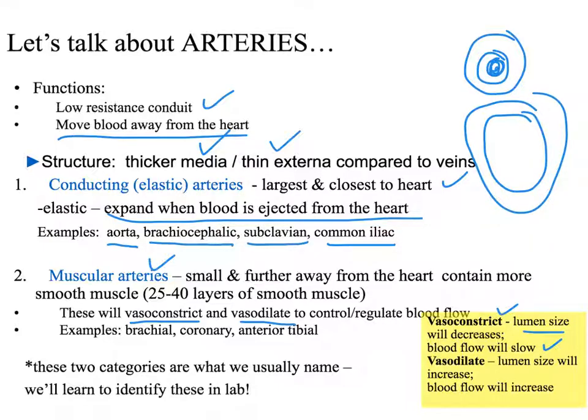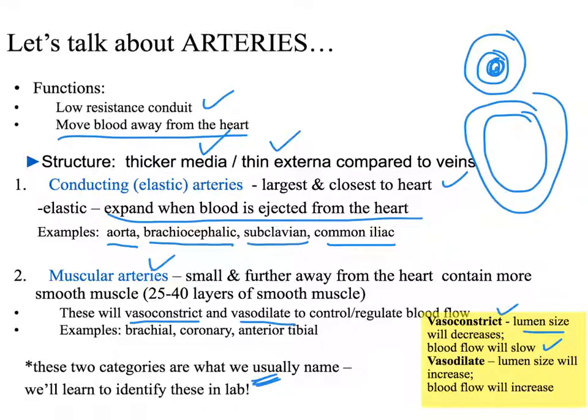There's a lot of other arteries and arterioles that are smaller. Most of the time, we're naming these conducting and muscular arteries. We don't bother with the smaller ones, especially in this class. We're going to learn to name them in the lab. Even though there's a whole big section in your textbook about naming, you'll use that for lab.